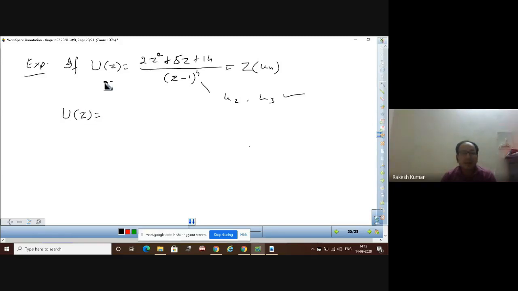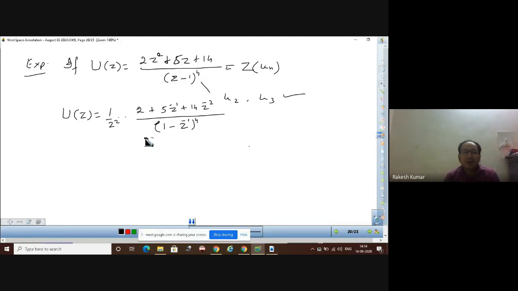U of z can be written like this: 1 over z² taken common in the numerator, so it is (2 + 5z⁻¹ + 14z⁻²), and the denominator is (1 − z⁻¹)⁴. Actually, we have taken z² from the numerator and z⁴ from the denominator common.